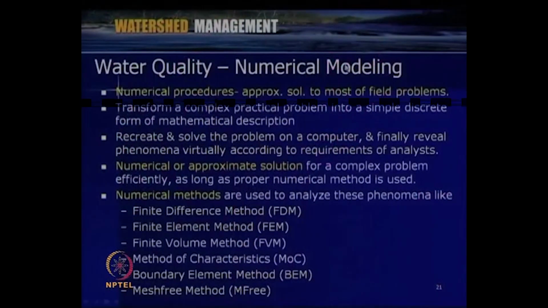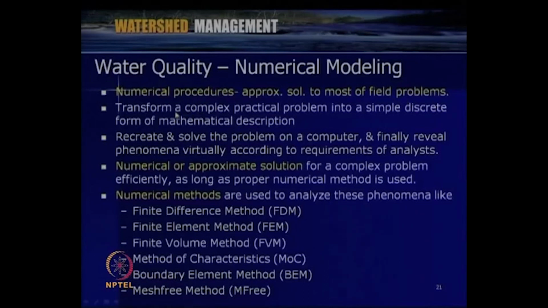While solving these equations, as you can see, these are all partial differential equations. Only for a few specified, simple cases can we have analytical solutions. For most field problems we cannot have analytical solutions. So, as we discussed earlier, we have to go for numerical modeling. Numerical procedures give approximate solutions to most field problems.